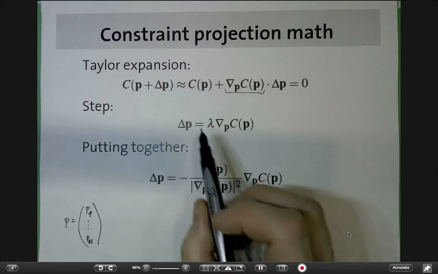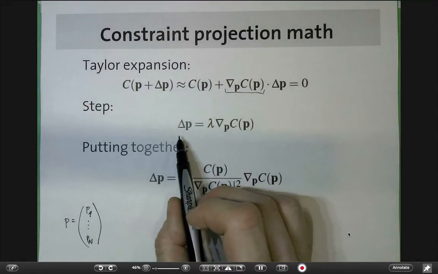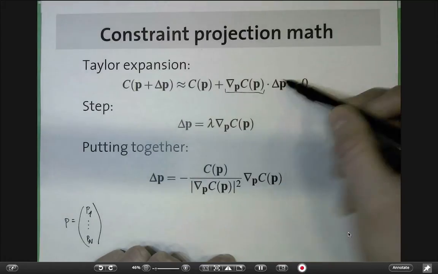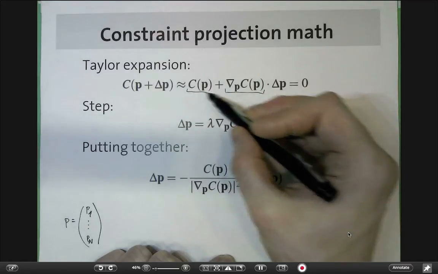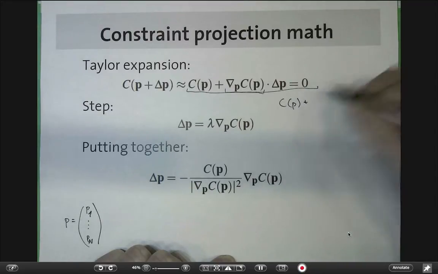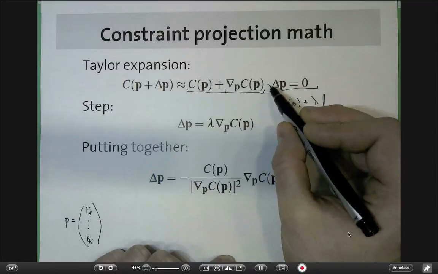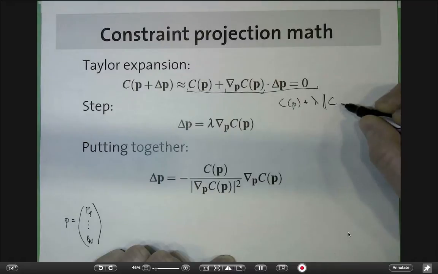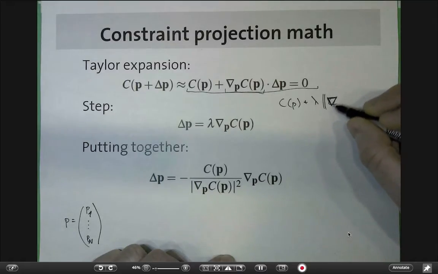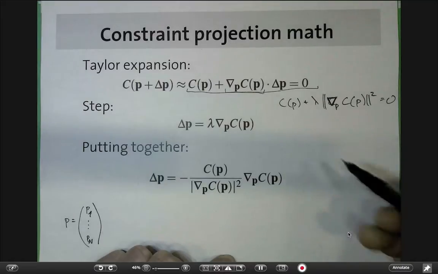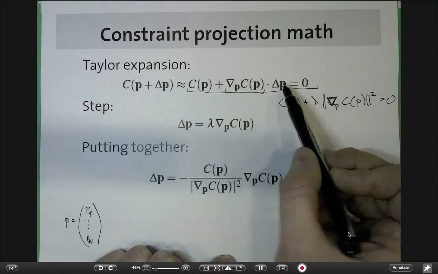If we decide that our delta P, our displacement of positions, is going to be lambda times the gradient, then we can just substitute this back here, right? So I get C(P) plus lambda times, now this is a dot product, so I'm doing a dot product of the gradient with itself, so it's going to be the squared norm of the gradient. This is the gradient of C at P, squared, and this should be 0. So all I did, I plugged in for delta P this expression here.